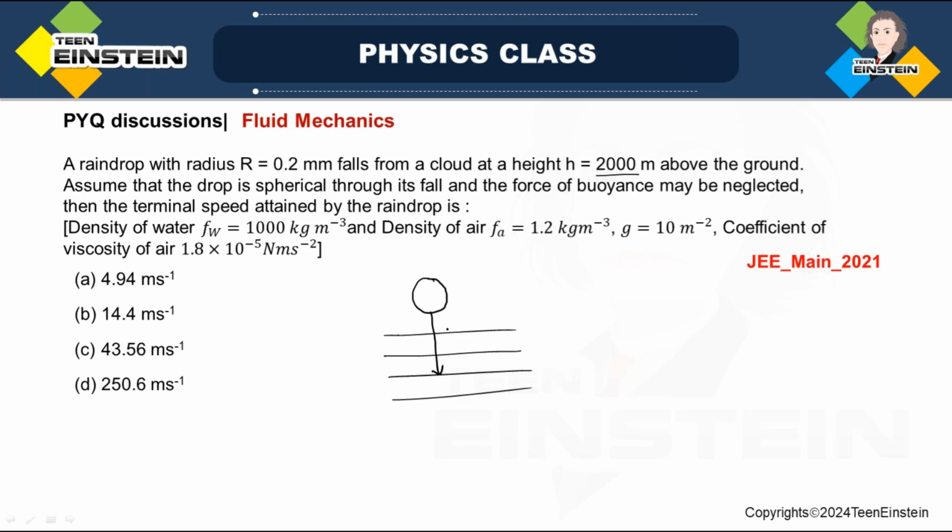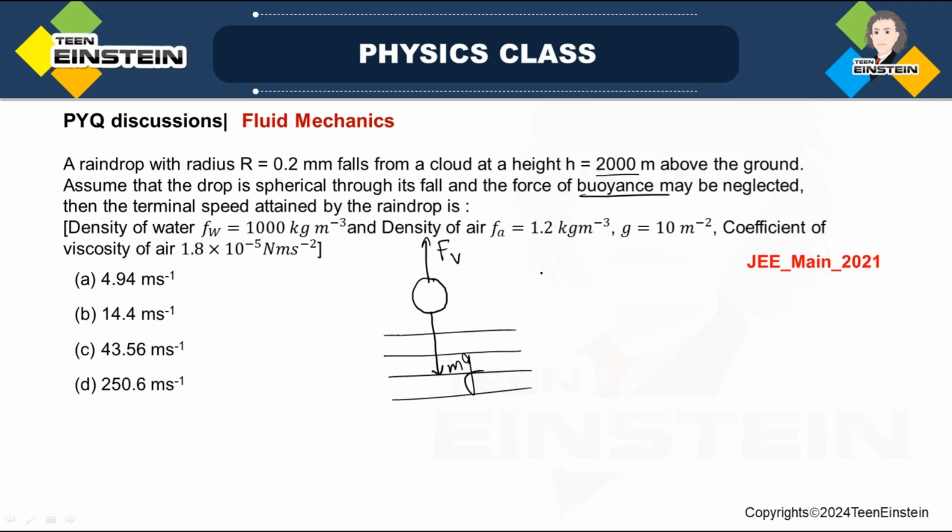But for this case, you have been instructed to neglect the buoyant force. So there will be only two forces. One is mg in the downward direction, and another one is the viscous force Fv. Okay, buoyant force is neglected.